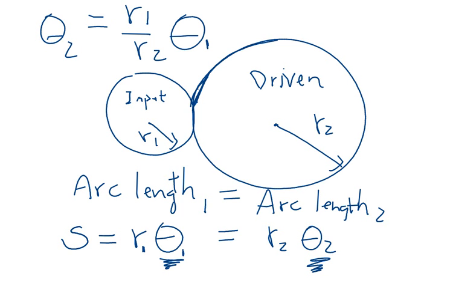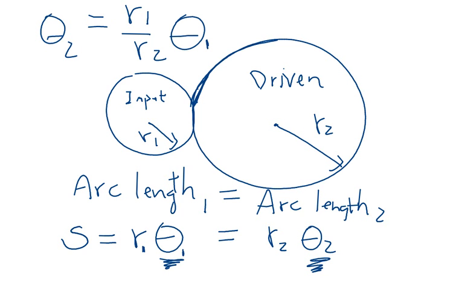So it's very similar to torque, but now it's opposite. Remember, in torque, it was T2 is equal to R2 over R1 times T1. For theta, it's the opposite. It's now R1 over R2 times theta 1. So what does that mean?